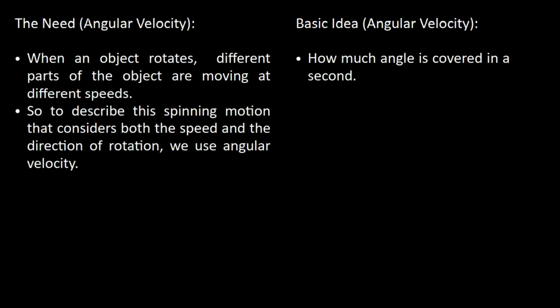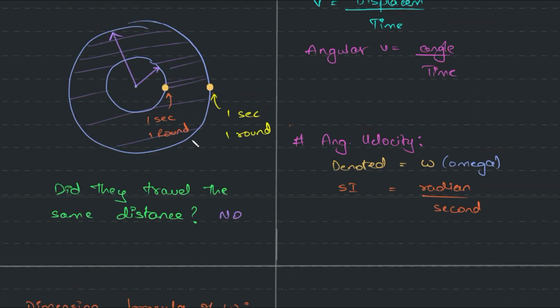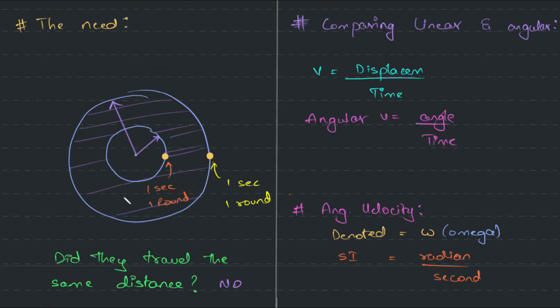And now we are looking at angular velocity. We understand why we need it, because when we look at objects rotating, the linear speed will be different for every point. It's very complex. If the radius is not fixed, the linear speed will be changing, and then it's really tough to even have a conversation about it.